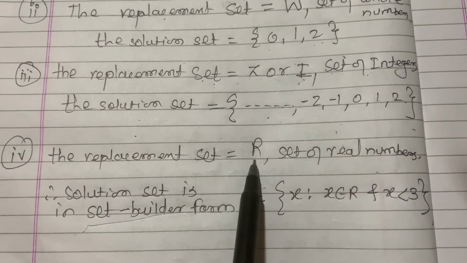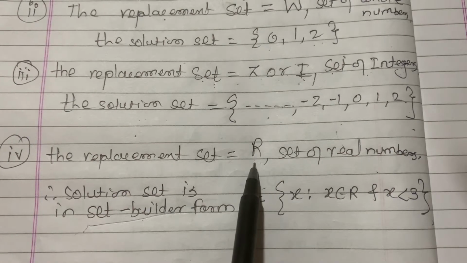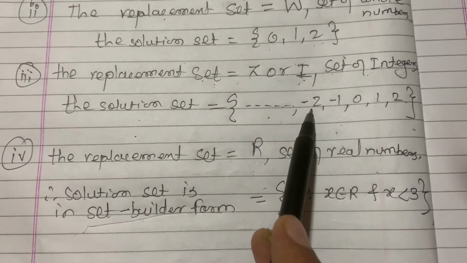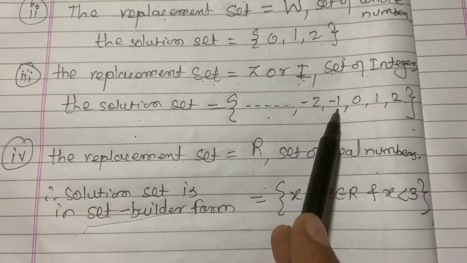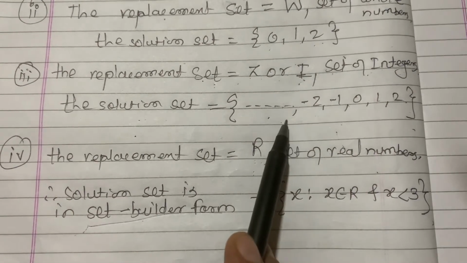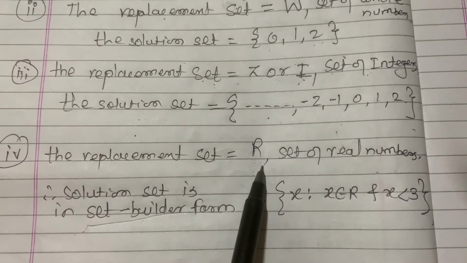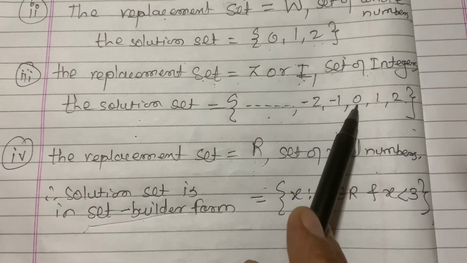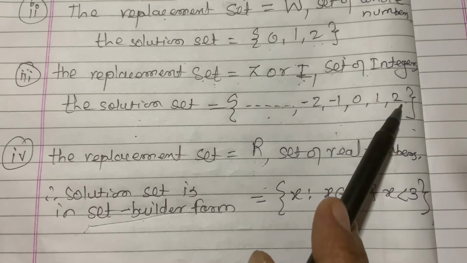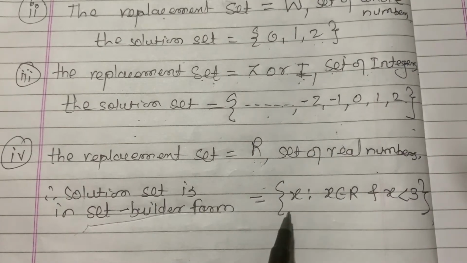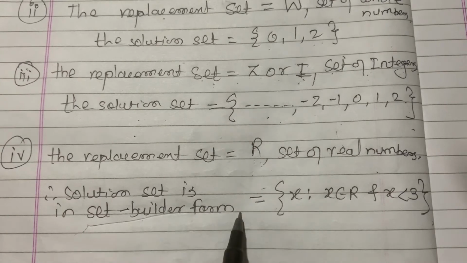So we can say it is continuous, not discrete. In integers, after minus 2 comes minus 1, and the values in between are not there. But in real numbers, every value between minus 2 and minus 1, between 0 and 1, between 1 and 2 is there. So it is in continuous form, and that is why it is represented in set builder form.